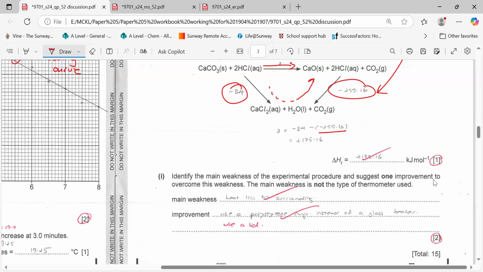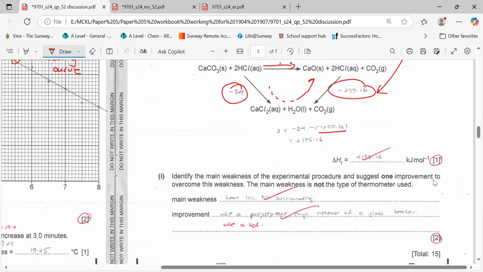One improvement to overcome this weakness. I'm just curious, can we suggest things that increase the rate? For example, since HCl is already in excess, can we use more mass of calcium carbonate or calcium oxide?